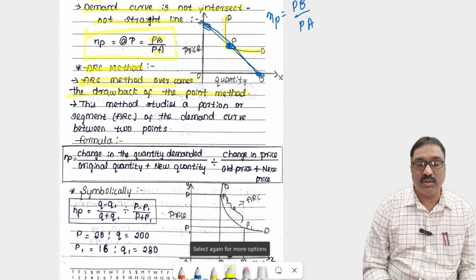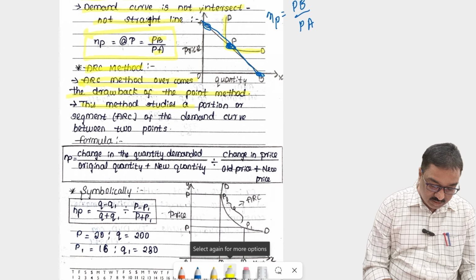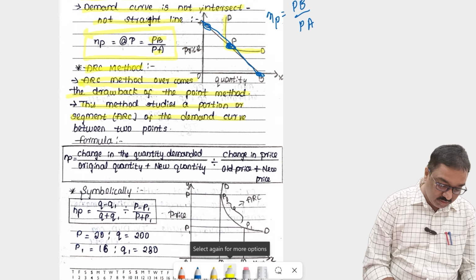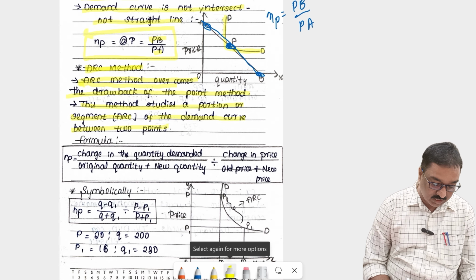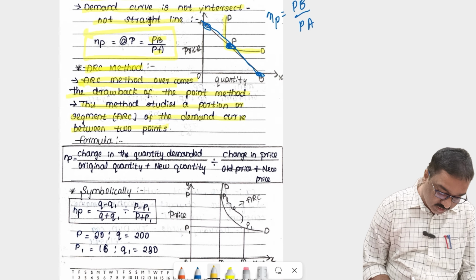Arc is nothing but distance or segment. This method studies a portion or segment of the demand curve between 2 points, that is called the arc method. Arc method means segment.